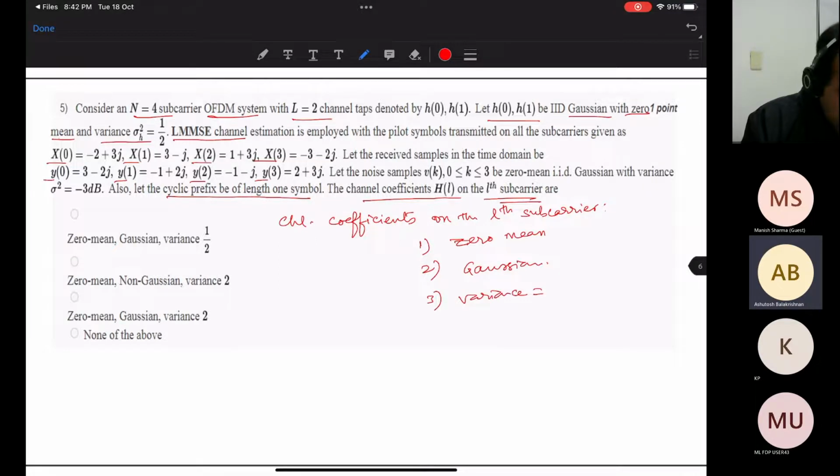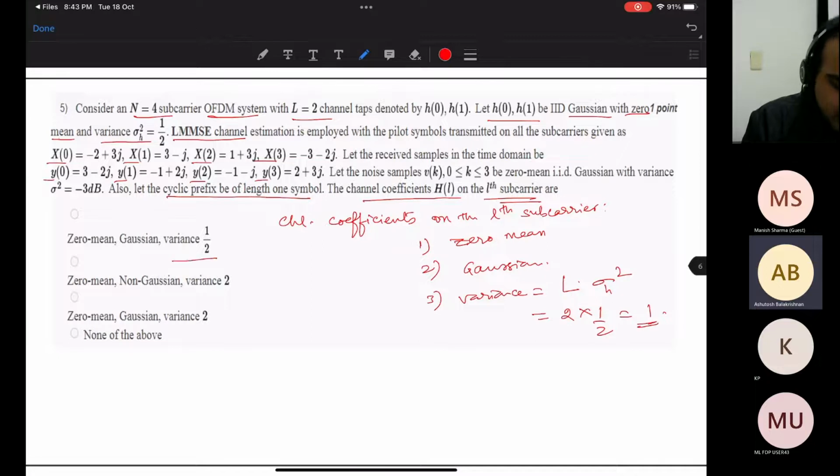Variance is L times sigma h square. So what is L? It is 2. So this happens actually in OFDM. The number of channel taps influences the variance. So it is 2 times 1 by 2, which is 1 in this case.